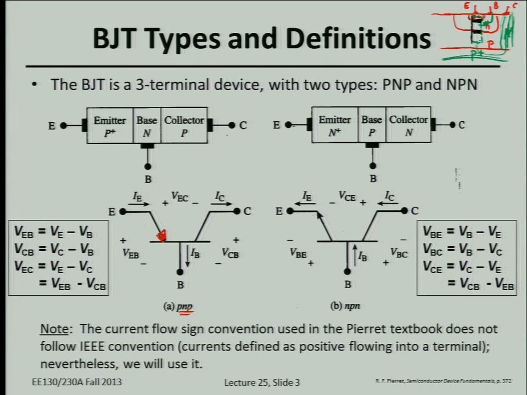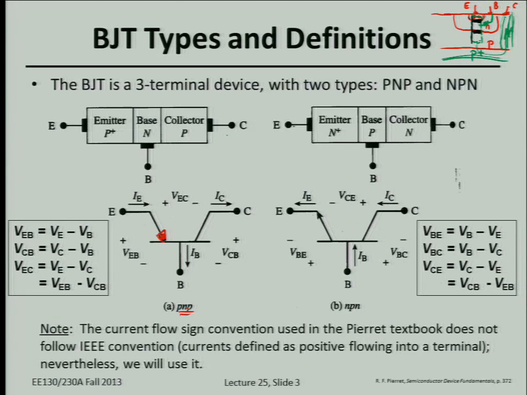In IEEE professional convention, we usually define currents to be positive going into any terminal, but we're not following that convention in this class because of the textbook. We'll just define the currents to be flowing in the direction that they normally flow, such that they're positive quantities, okay?